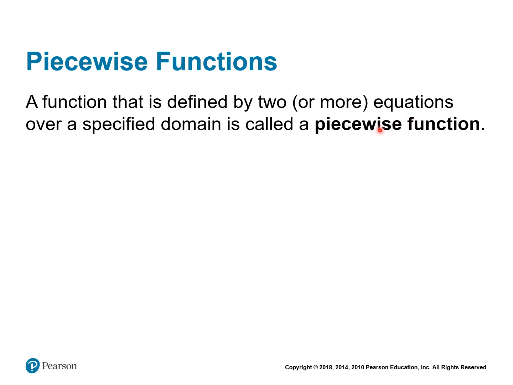So it is defined by two or more equations over a specified domain. It's called piecewise because the function is split into multiple equations for separate ranges of domains, or it could be a specific x value as well.